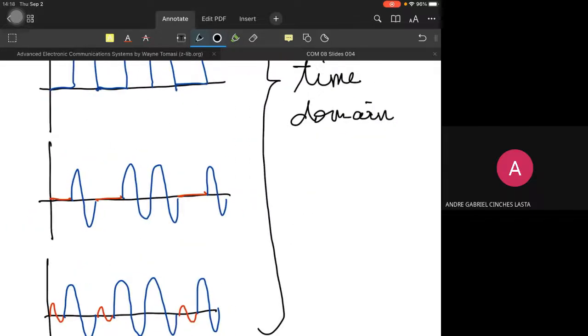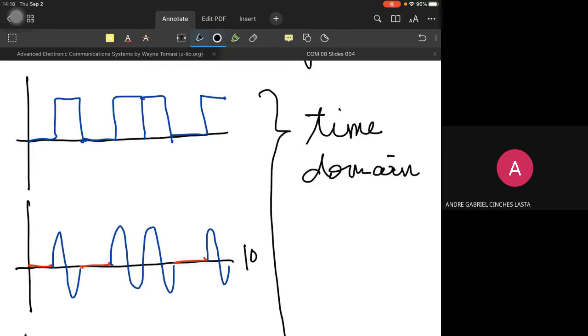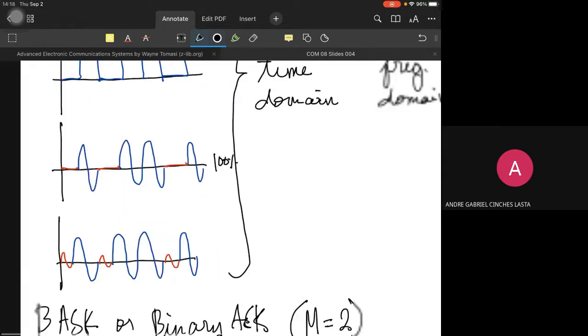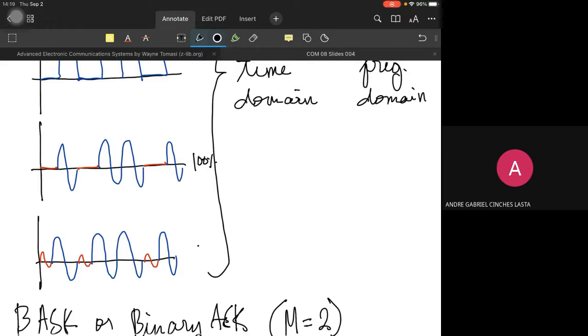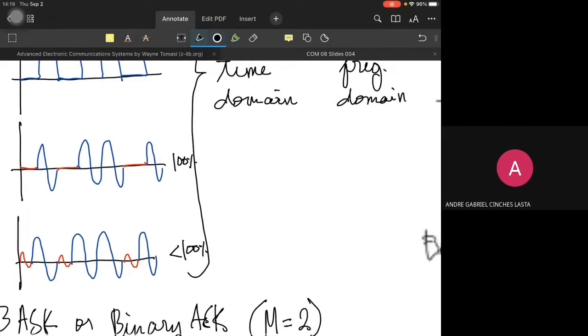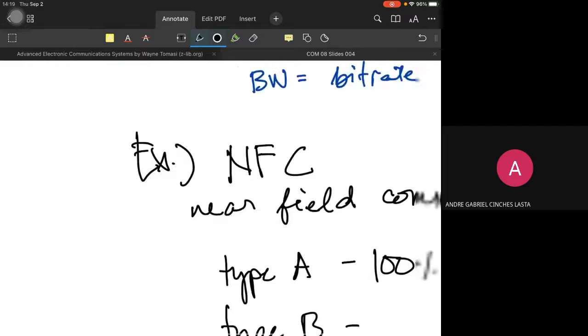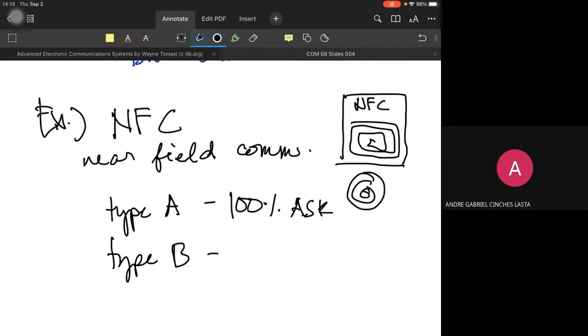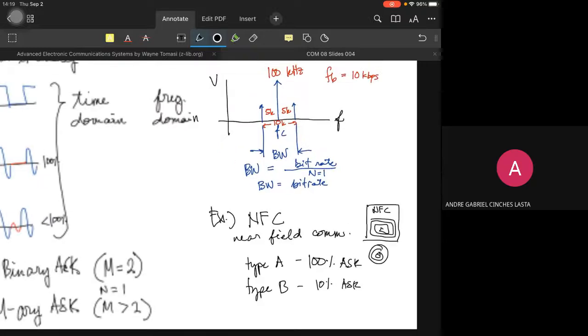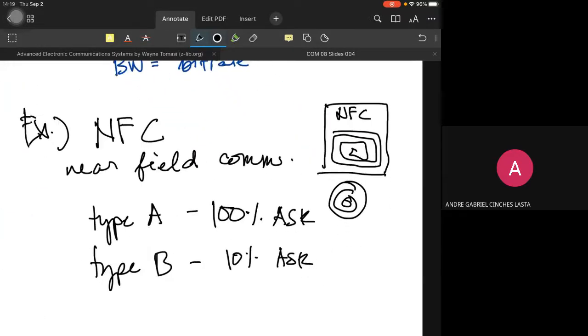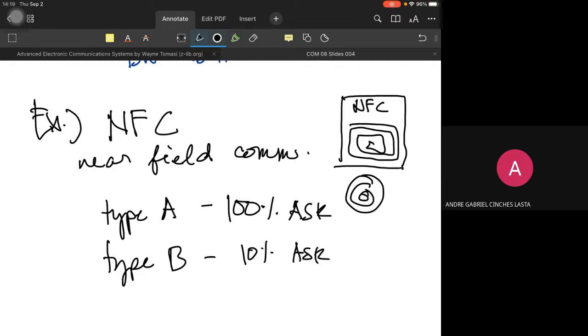This one is less than 100% ASK, which is used in type B NFC, specifically 10% ASK. So these are examples of a modern application of ASK modulation.